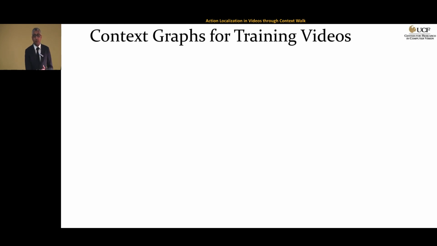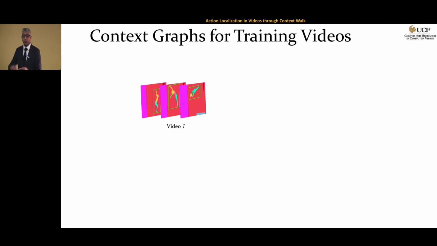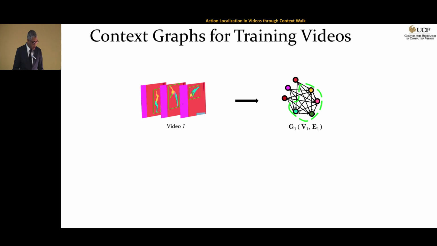So in the training set, where we have a number of videos and the labels, we build context graphs. We divide a training video into these Supervoxel regions, and we are also given the ground truth. We come up with this directed graph where the nodes are the Supervoxel regions and the edges, directed edges, are the 3D displacement vectors that come from all the nodes in this video to all the nodes within the ground truth.